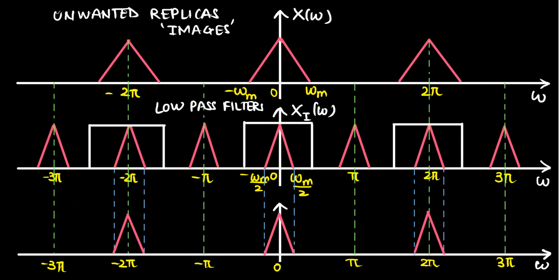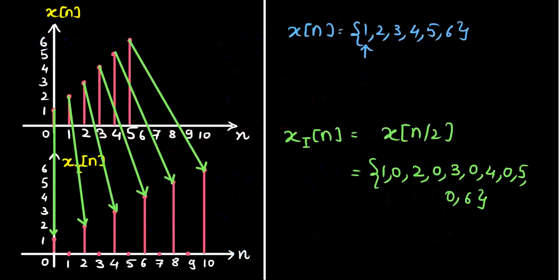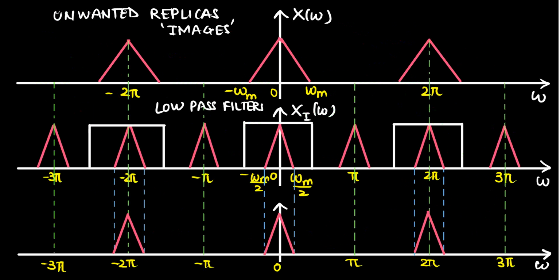Now we have also seen here that in the time domain we are having expansion of the signal. Initially we had the signal like this, and then in the time domain we are observing some kind of expansion, whereas the reverse thing happens in the frequency domain.